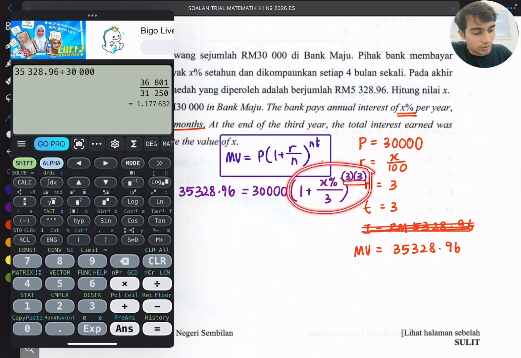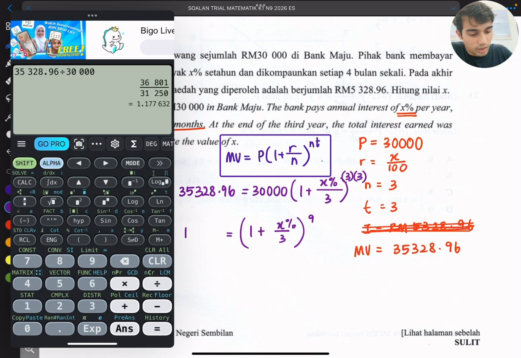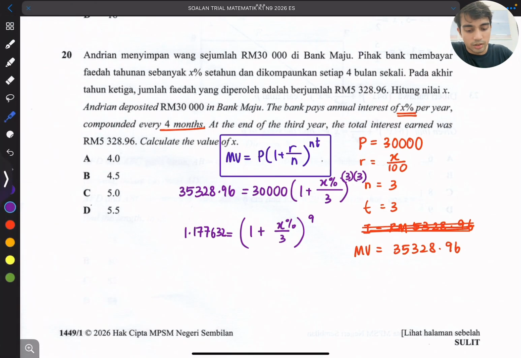This thing we can multiply it. 3 times 3 is 9. So I'm going to write power 9 equals 1.177632. Now we need to move the 9 over here. If you have power 9 and you want to bring it over here, it'll become the 9th root.